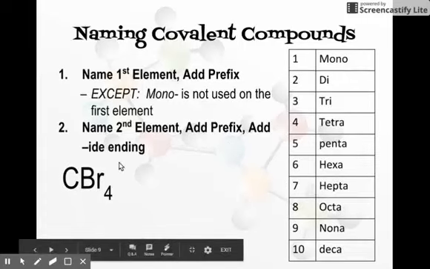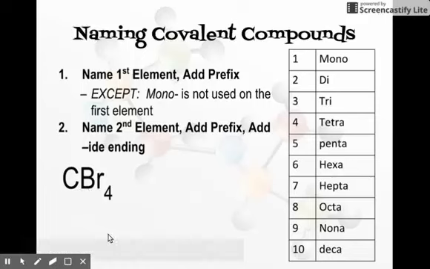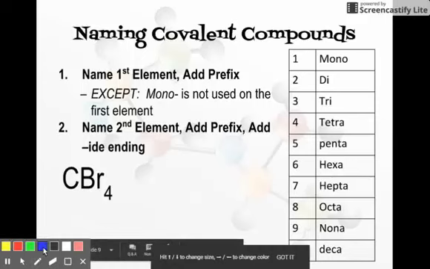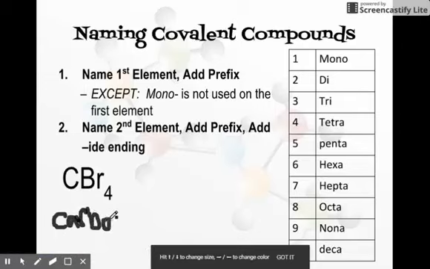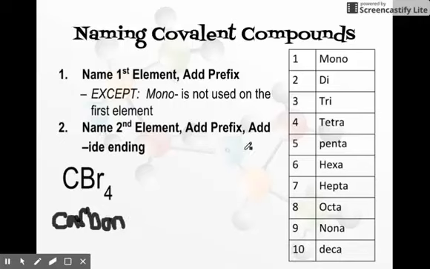Let's try this example using our rules here. So C, we know, is carbon, and there's only one of them, so no prefix. So all we're going to write is carbon. Then we're going to name the second element, but we're going to add the prefix. We always have to put a prefix for the second one.